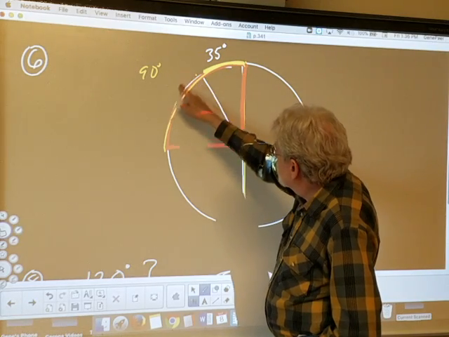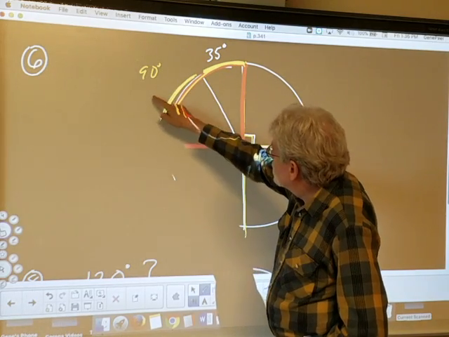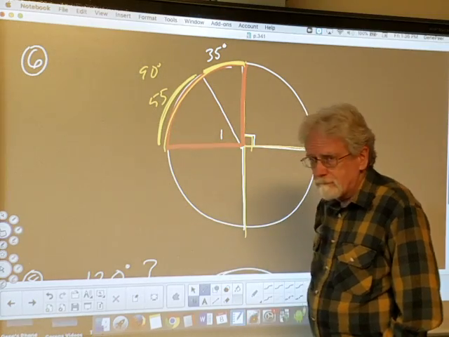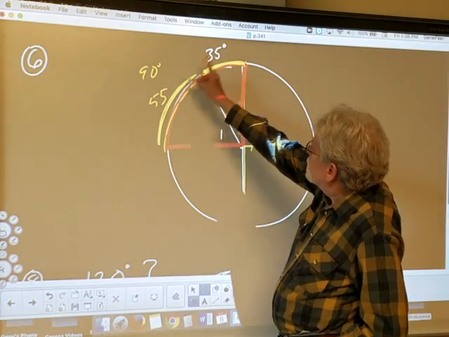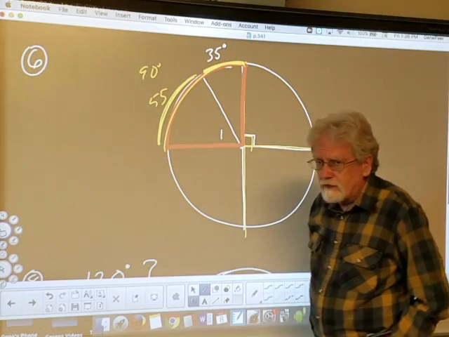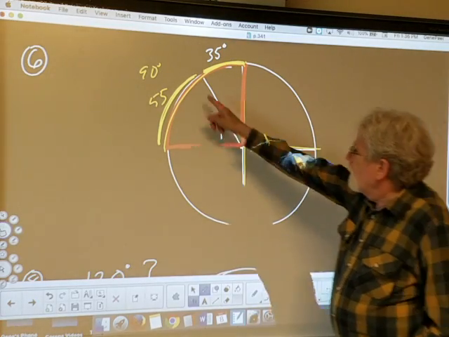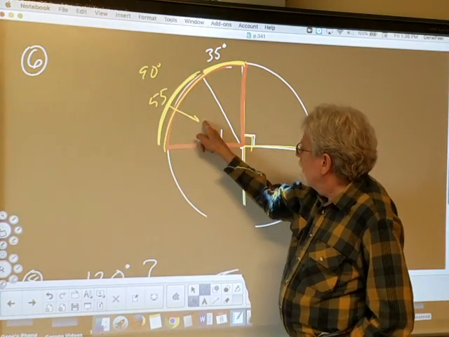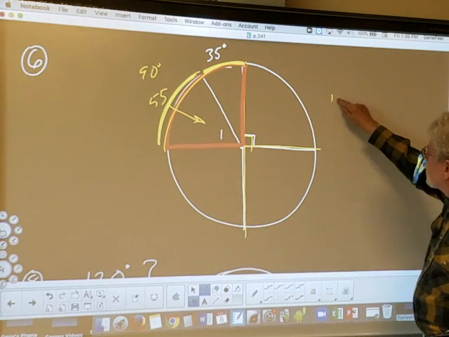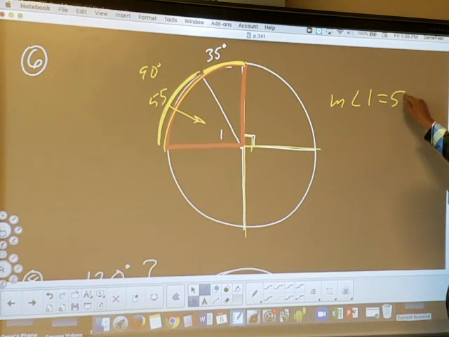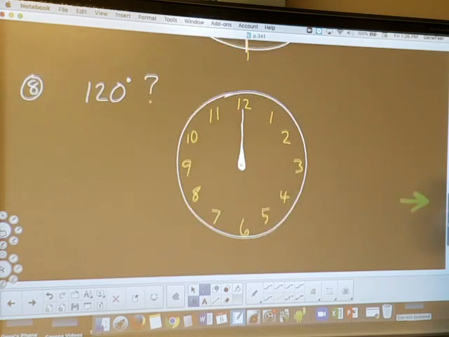What's that leave for this guy? This guy must be 55, so that 55 plus 35 adds up to 90. Well, if the arc is 55, then by definition the central angle must be 55, so the measure of angle 1 is 55, and we move right along.